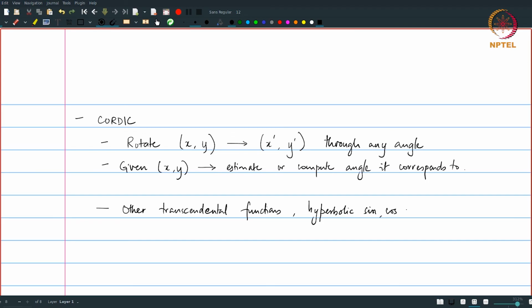So effectively, CORDIC forms a whole class of different kinds of algorithms that can be used to compute many different functions.